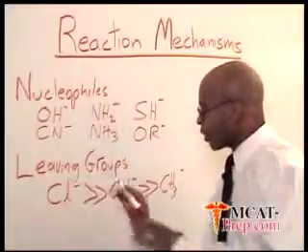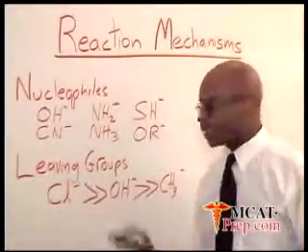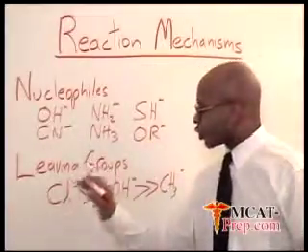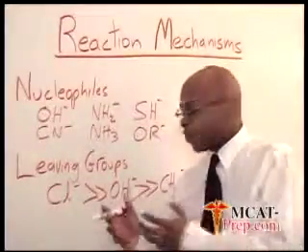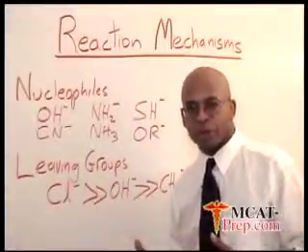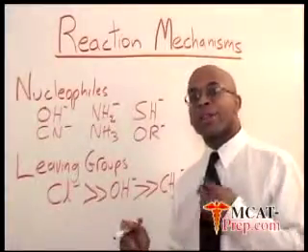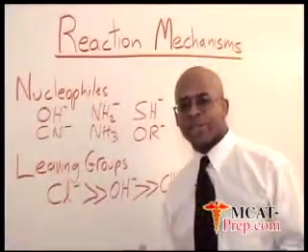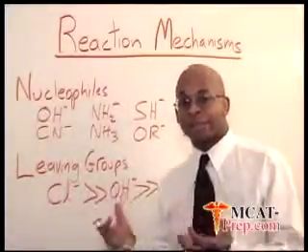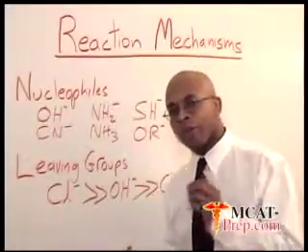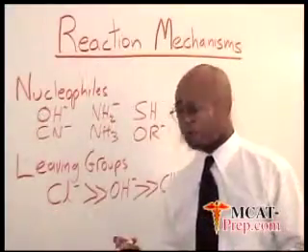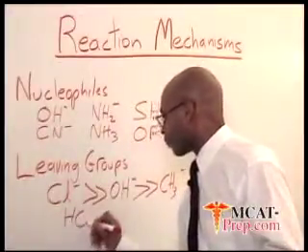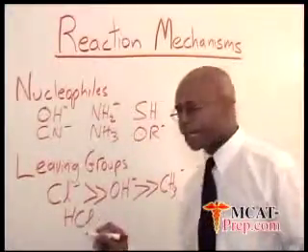And the reason that we can look at the trends is that in general, the trends of where we find a good or poor leaving group is based on the acidity. Meaning, if we were to add a hydrogen to these substances and examine how acidic that substance would be, that would give us our trend in leaving groups. For example, if we add a hydrogen here, we have HCl, that's hydrochloric acid.